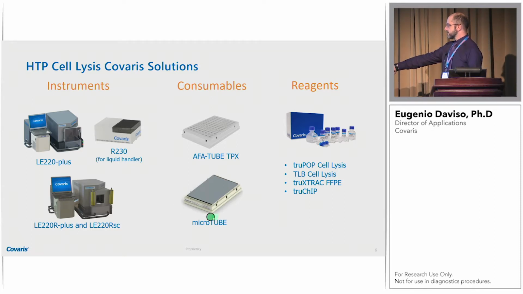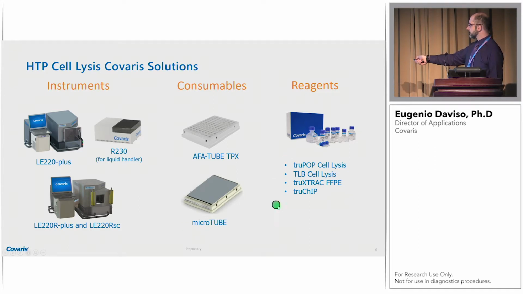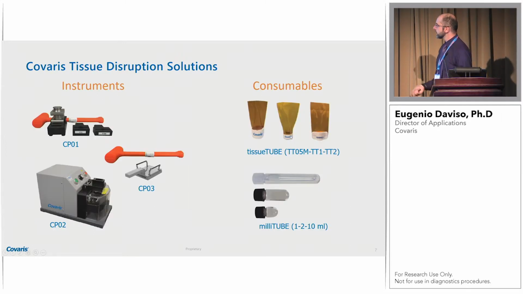And then there is the glass consumable, the microtube, that is also automatable, even if it is not as straightforward as the AFA tube. And then we have several buffers for several applications that I will describe later on during the talk.